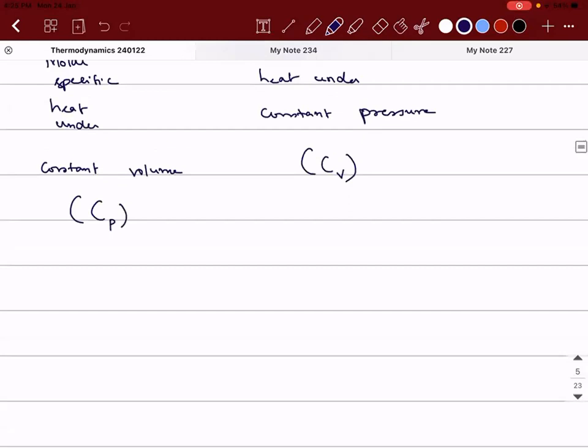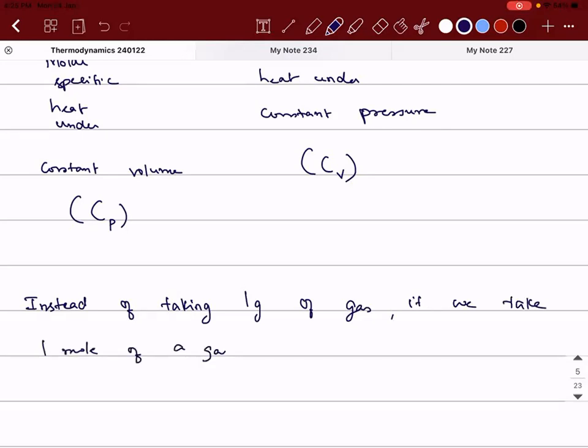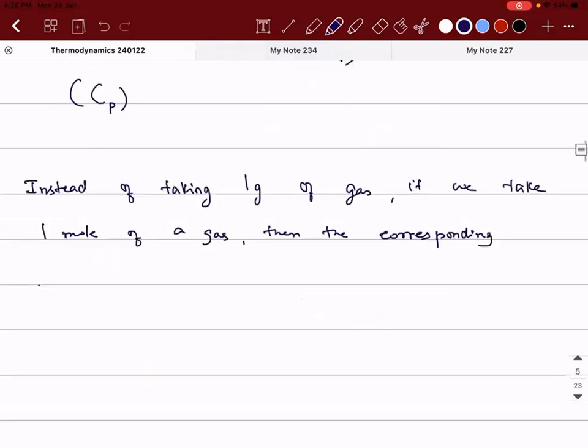Instead of taking 1 gram of gas, if we take 1 mole of a gas, then the corresponding specific heat is said to be molar specific heat.